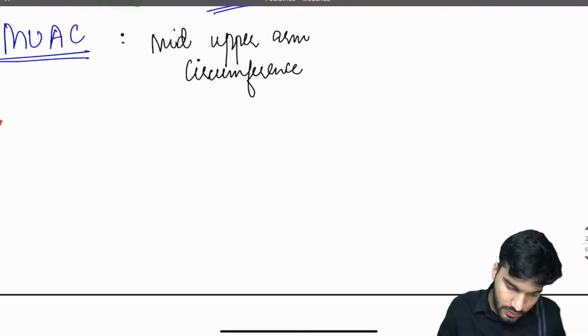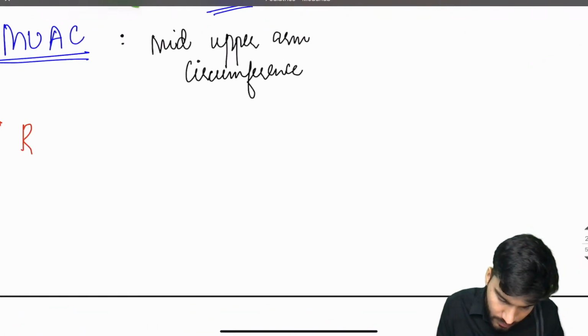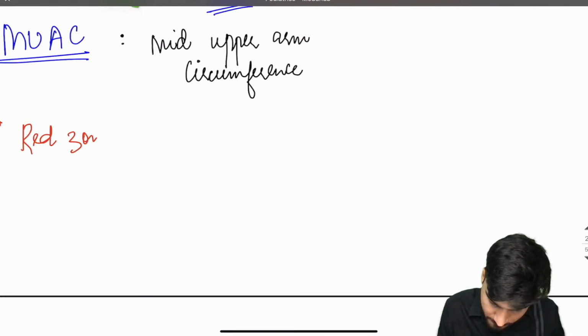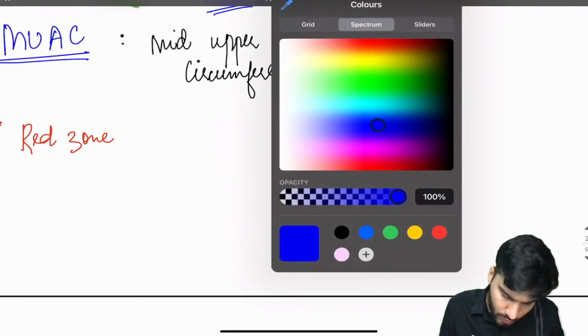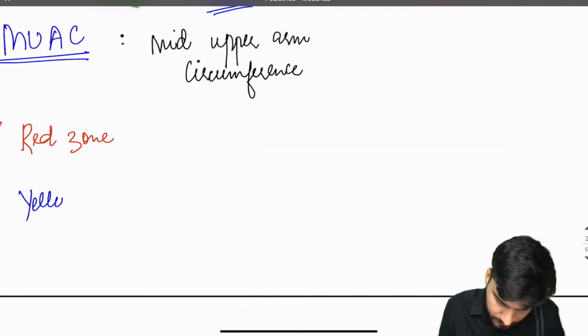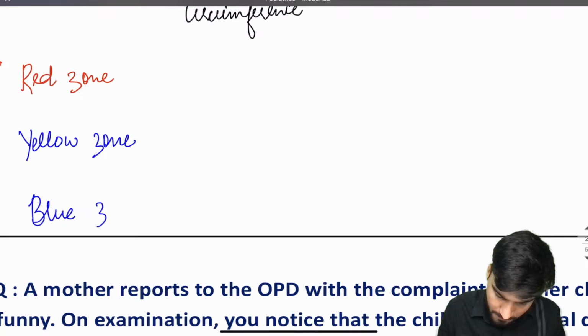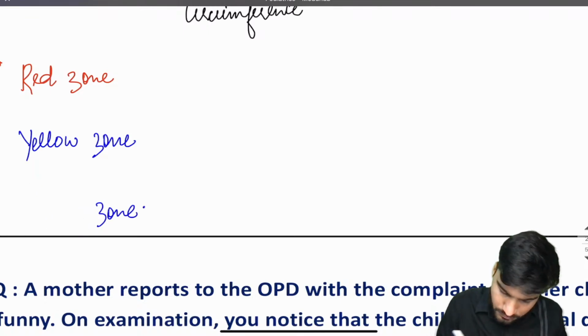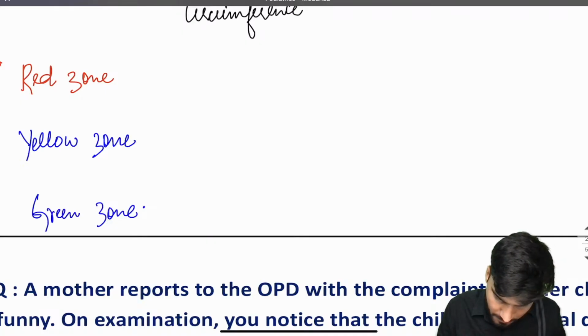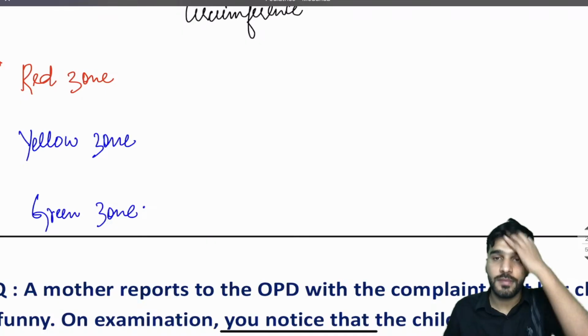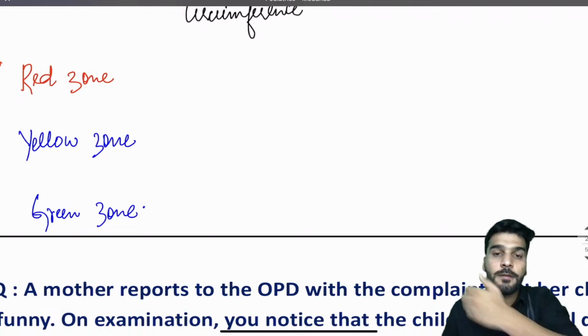It has 3 colored zones. It has a red zone, a yellow zone, and a green zone.